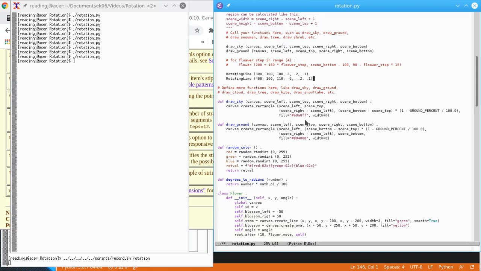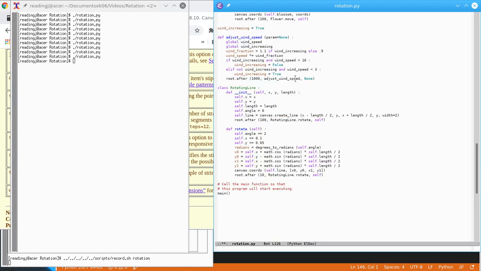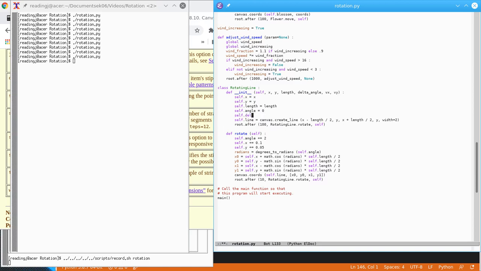And since I've added parameters there, I have to come down here and add them. And this was delta angle, Vx, Vy. Self.delta angle equals delta angle.